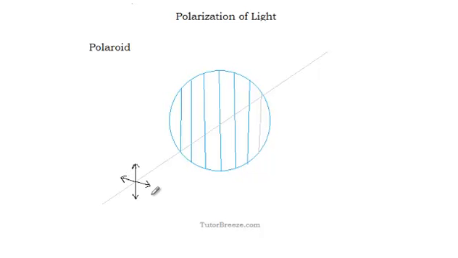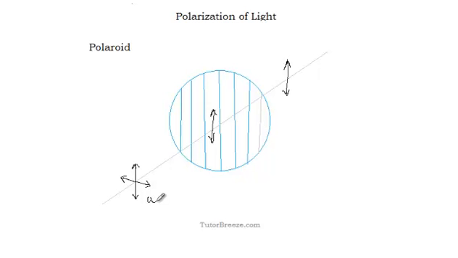Now when this unpolarized light is incident on this polarizing sheet, this is going to allow the electric field components of the incident light which are in this direction to pass through, but the other perpendicular component, this one, is going to get blocked. So I'll remove this component, and the light which emerges is linearly polarized, since the electric field vibrations are in a single plane.